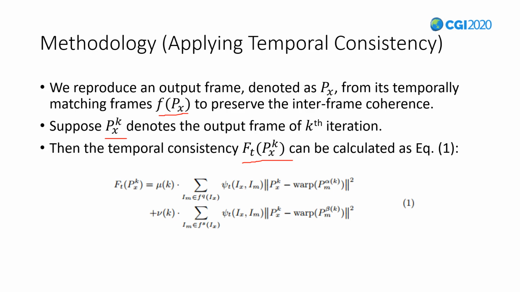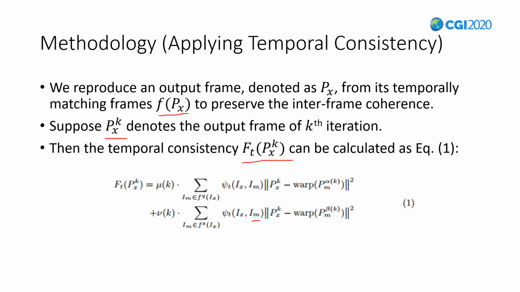Here I_X denotes the actual frame and F(I_X) is the set of its corresponding frames. I_M is the matching frame of the actual frame.